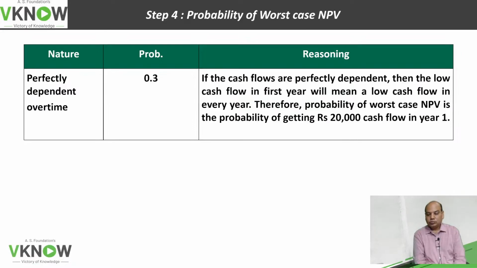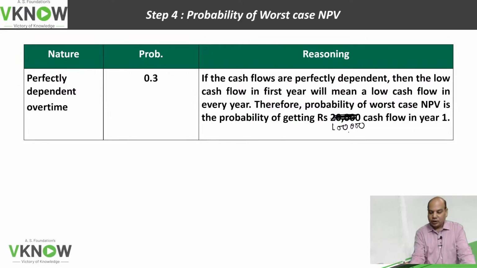Therefore, the probability of worst case NPV is the probability of getting rupees 1 lakh cash flow in year 1.